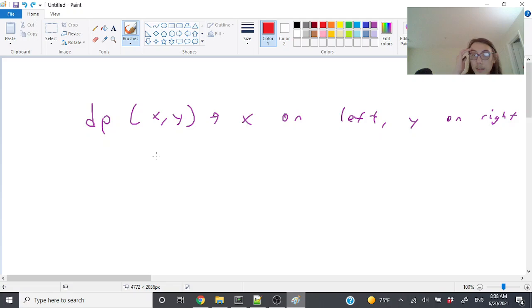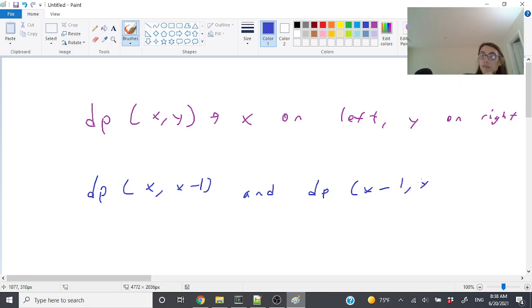This is doable, but of course it doesn't work because n is 10 to the 5th. So we need to do a bit better. The idea is that we don't have to consider all the states. Basically, we can get away with only considering dp of x and x minus 1, and also the other way around, dp of x minus 1 and x.